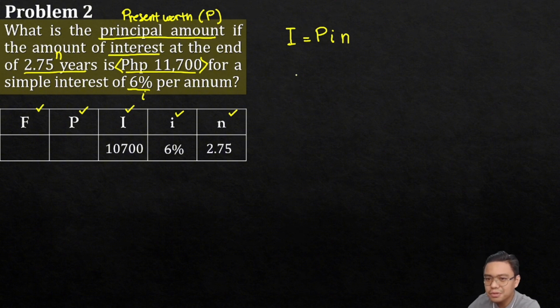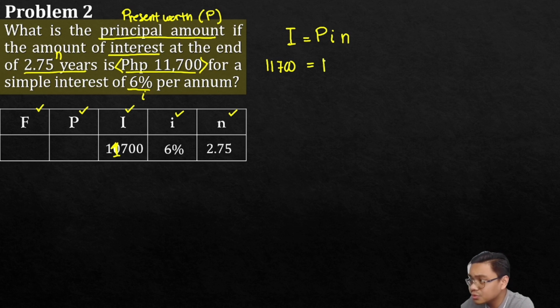So based on this formula, we can calculate our principal. Take note, this is not 10,000, this is rather 11,000. I just didn't edit it, but yeah, that should be 11,000. Anyway, this is 11,700 pesos. That's your interest, which is equivalent to the present worth. This is what we want because principal amount is present worth, like capital.